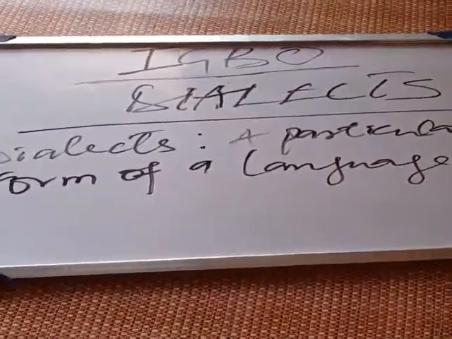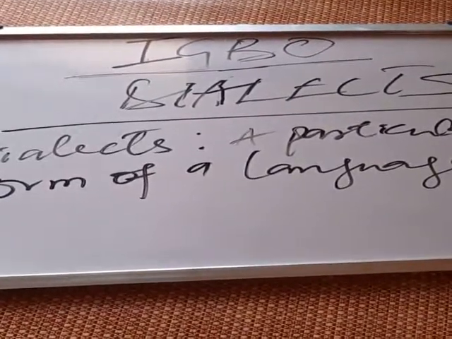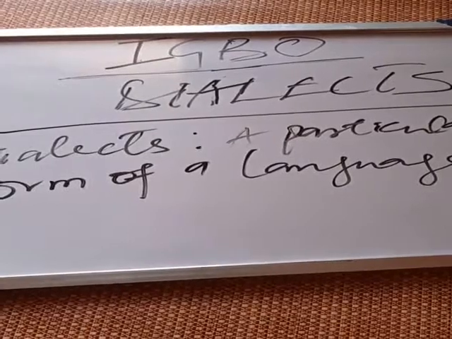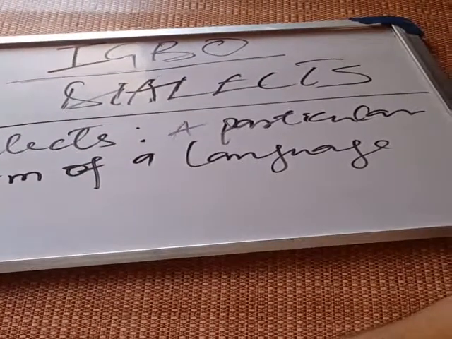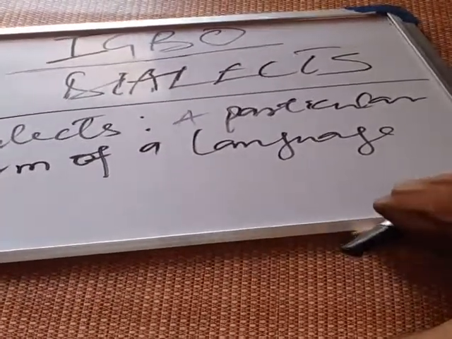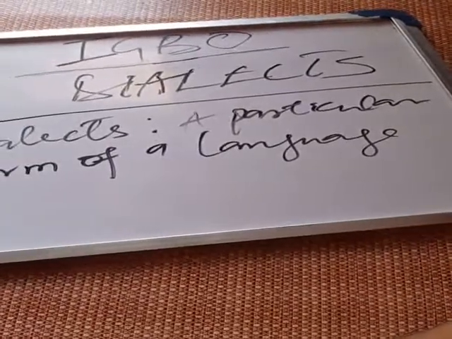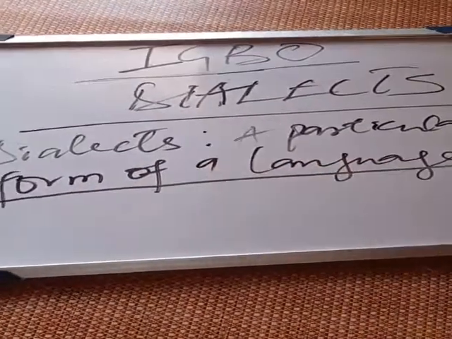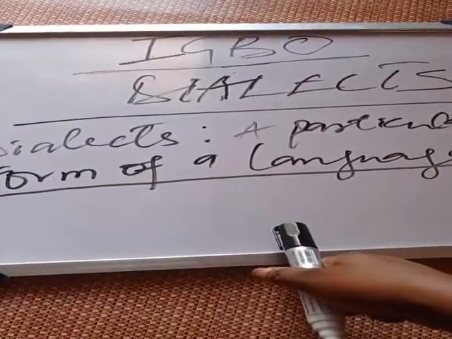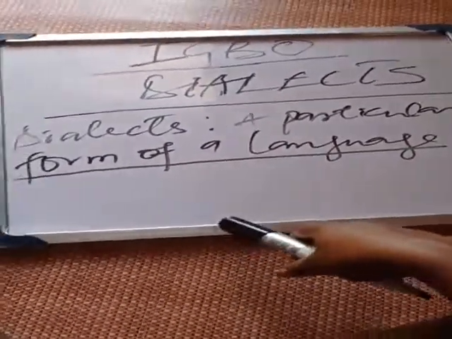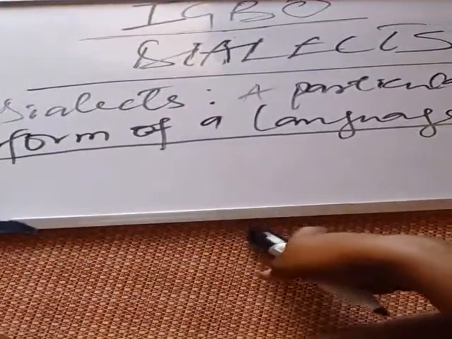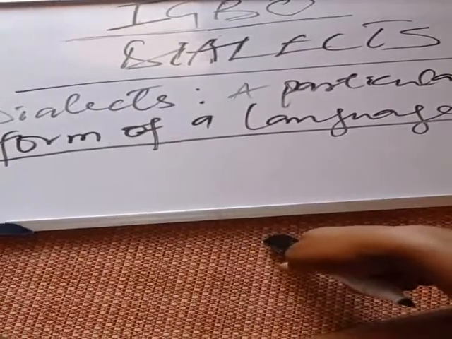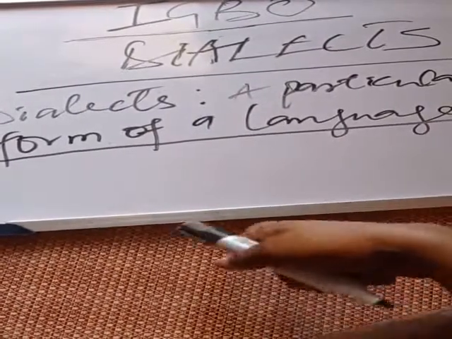Another definition: a form of language that is spoken in a particular part of the country or by a particular group of people. So what's constant is that a dialect is a form of a particular language, known or spoken in a specific region or group of people.